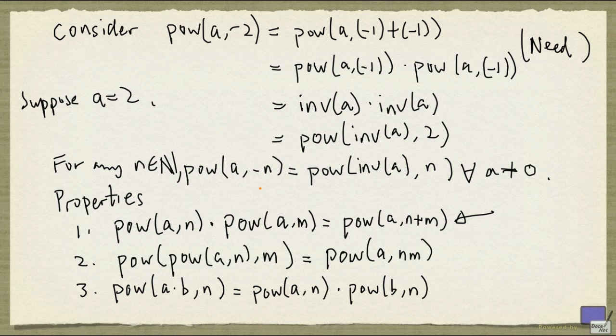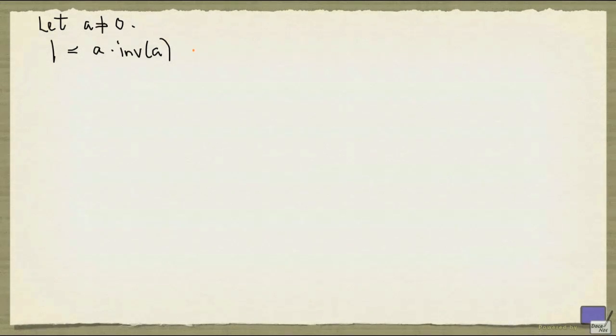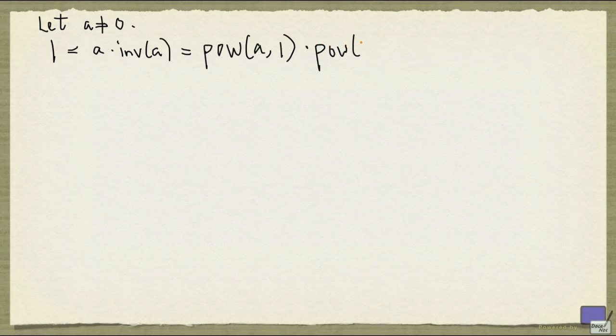What about 0? Well, to see what that is, consider the following. Here I'm going to pick A to be just a non-zero number, and this, as we have seen, is just POW(A, 1) and POW(A, -1).